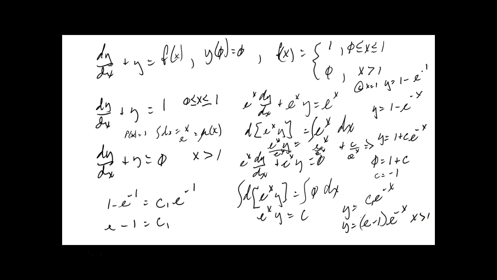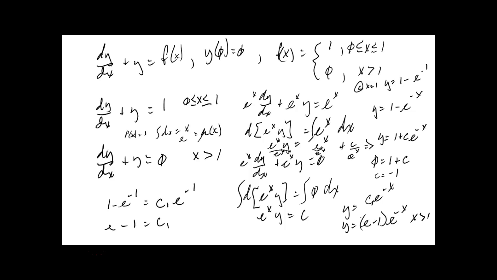You don't use the same c's here. This c is only valid for here because that's the only place where x can equal 0. So this initial condition is only good there. Now, this equation is still good for beyond 1, but because we don't want a discontinuity at 1, we find out what the value is at 1.